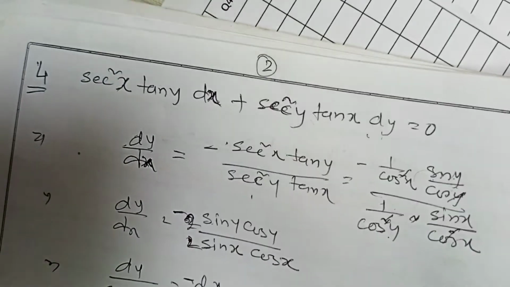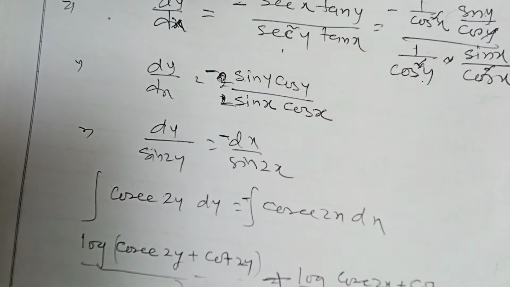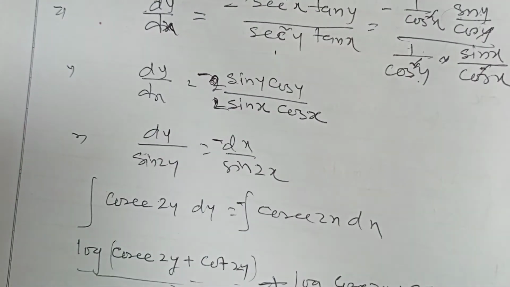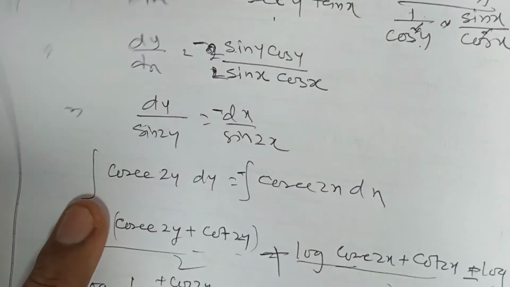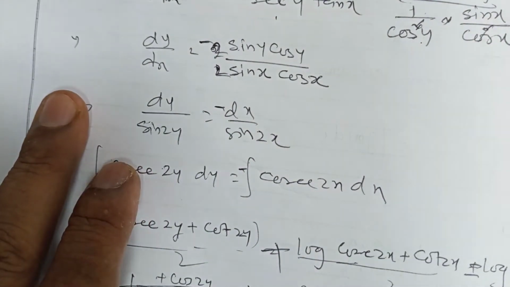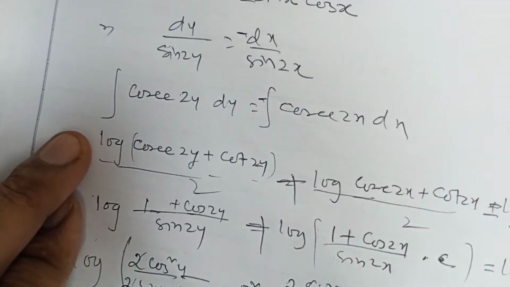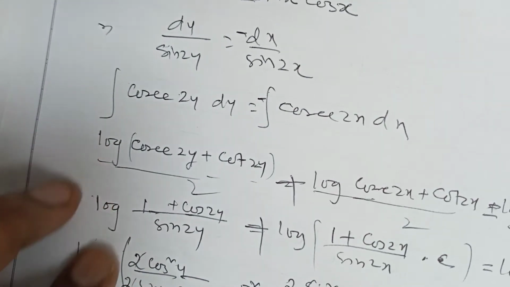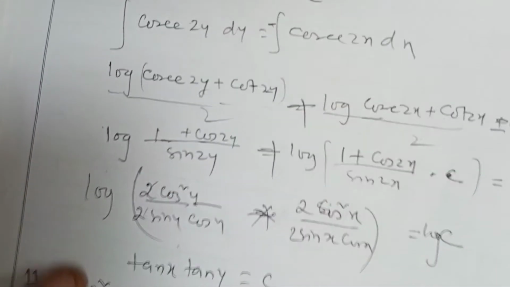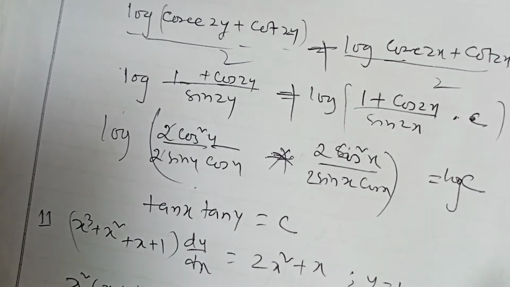So likewise I have done here. This one came after simplification. Then this 2 sin y cos y, multiplying by 2, became sin 2y, and now we have separated dy and dx, so it will be cosec x dx, then the integral of cosec will be log of cosec x plus cot x. That way I have done. Then we go for the simplification and finally we get the answer.